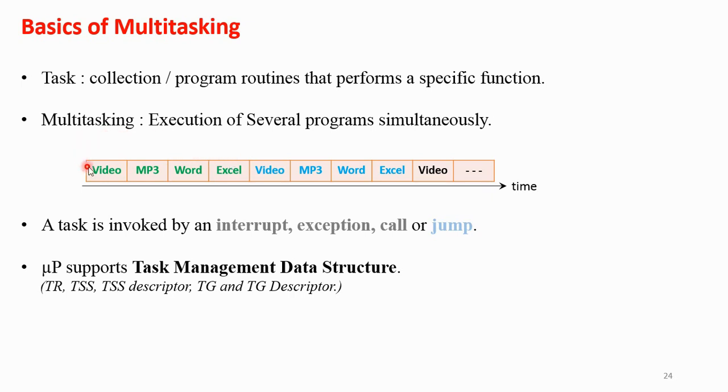So for some time video, then MP3 player, then Microsoft Word and Excel, all of those are running on a time shared basis. In a time shared system, the program control switches from one task to another task after a fixed interval.